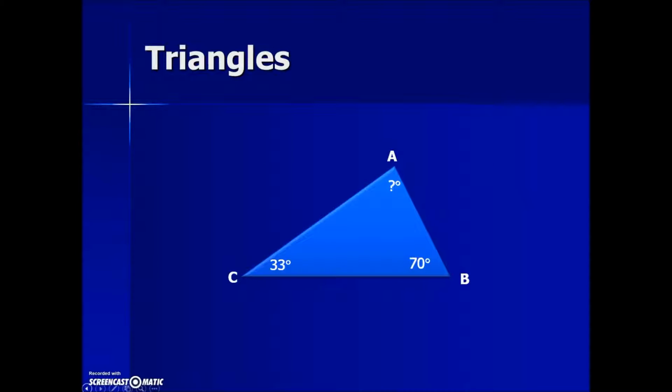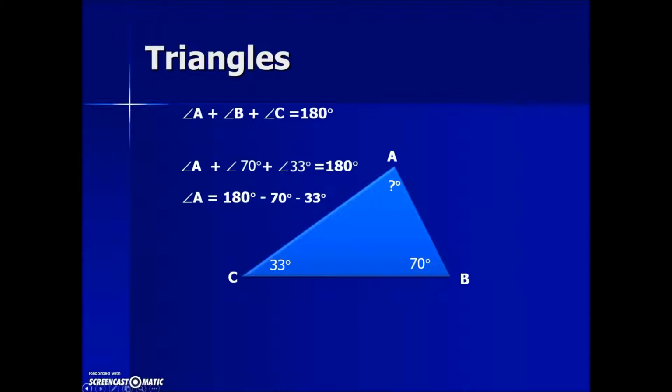In this example, we're looking for the measure of the angle at vertex A. Using the property of the sum of the angles in a triangle equaling 180, we'll replace the two angles that we know with their measurements, subtract those from the 180, which will give us the missing angle measurement. And you can check, adding these three measurements up should equal the 180 degrees.